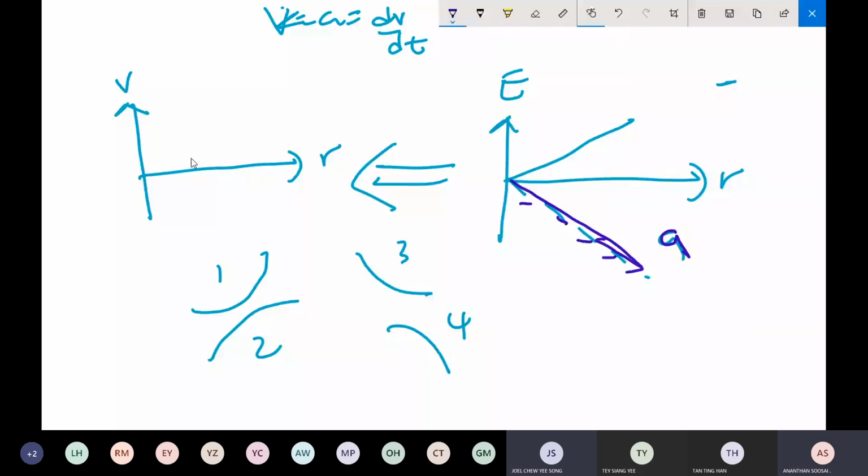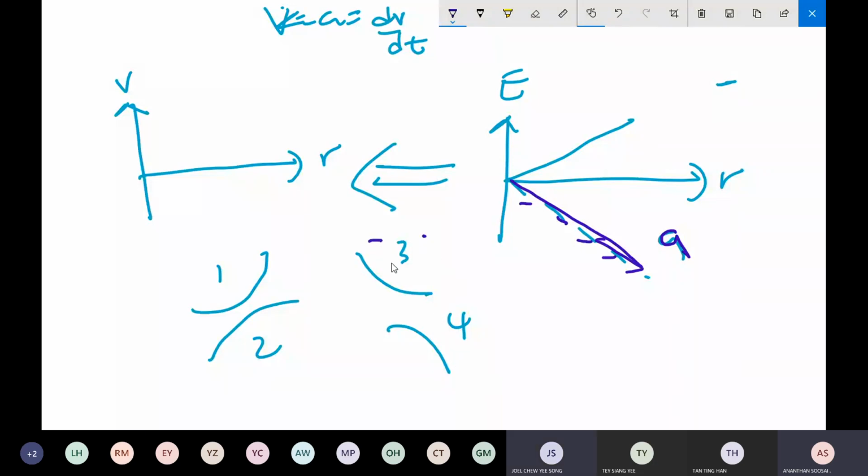Is it 3? The a gets more negative. That means in the potential graph, the gradient must get more negative. Which curve is getting more negative? Sliding or climbing? Sliding, right? So it should be 3 or 4.